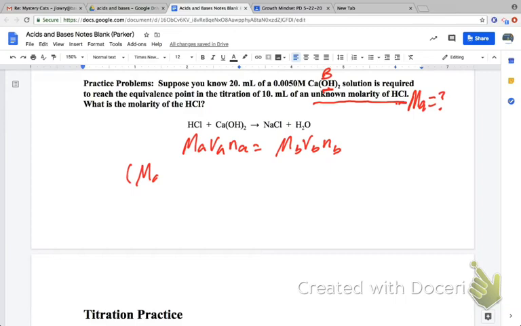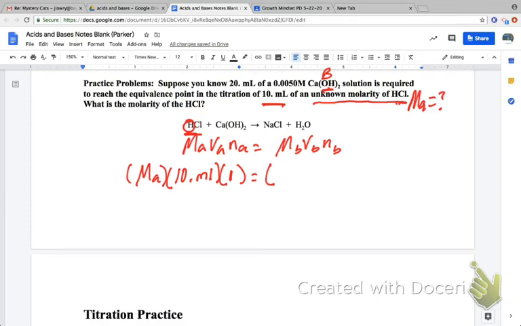And then we would just start filling them in. Ma is my unknown. That's what I'm trying to find. It says that I have 10 mL of my acid, so 10 would be my volume. For Na, hydrochloric acid, here's the formula right here. It just has 1 hydrogen, so that's going to be 1.